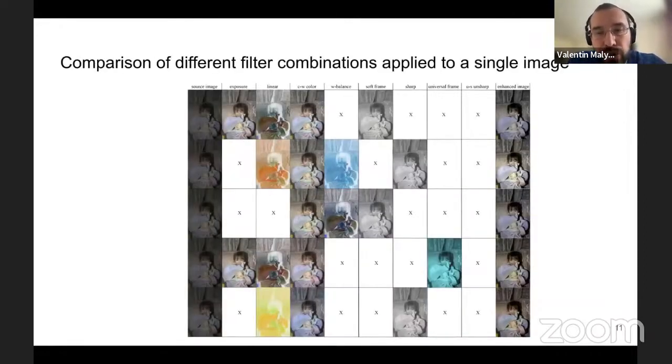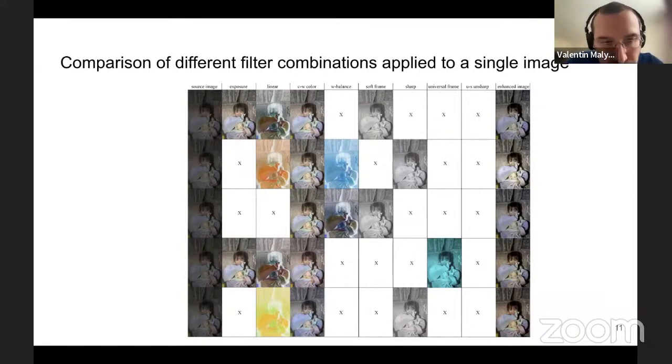Also, I would like to show you how it could actually be done. There are, of course, different approaches to image improvement, and as you can see, there are even different sets of transformations applied to an image.